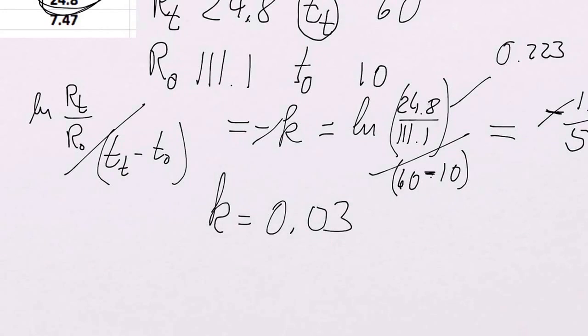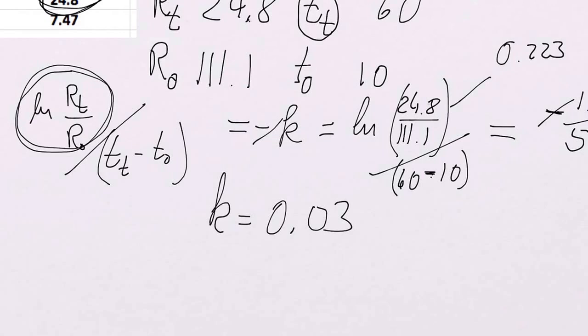Now we can start from what we know about units. What would be the unit for this part here? Minutes to the power of minus 1. That's the final unit. Yes, you're absolutely right. But what's the unit for the ln? ln doesn't have a unit.